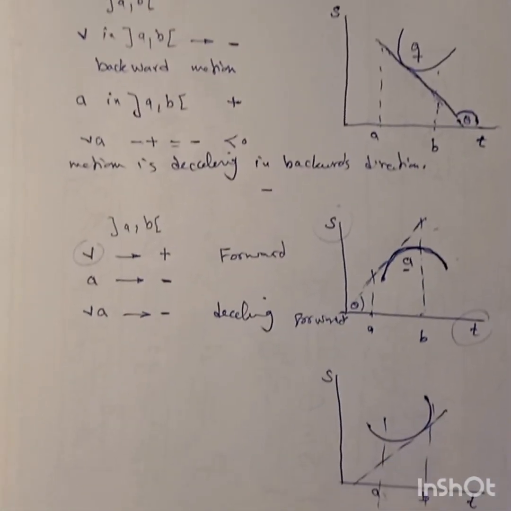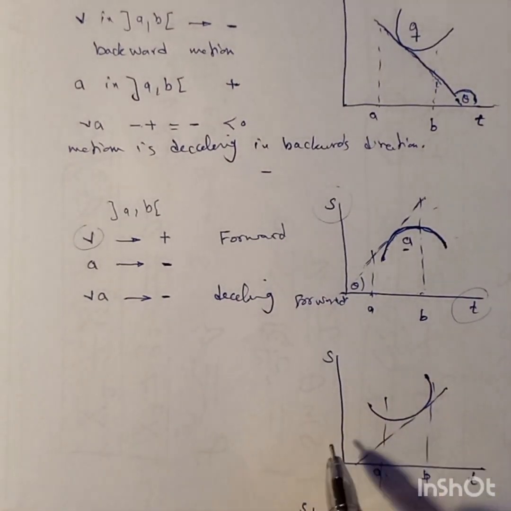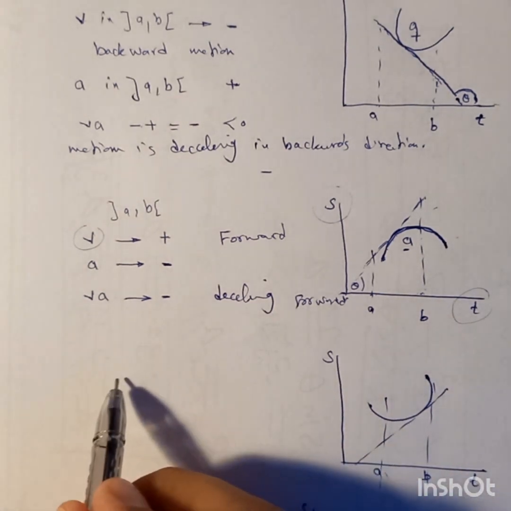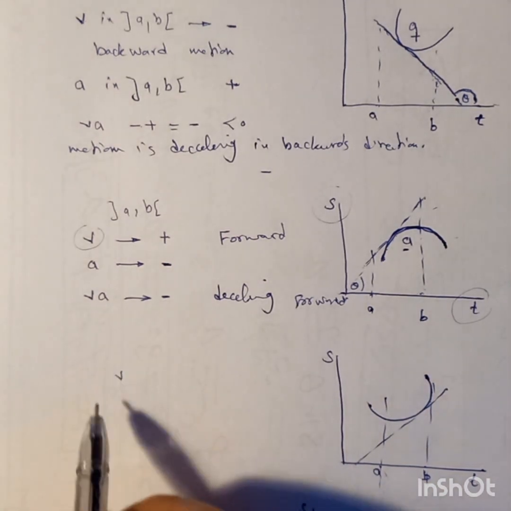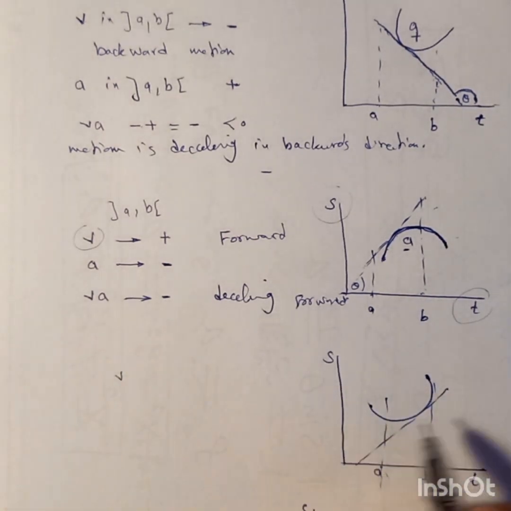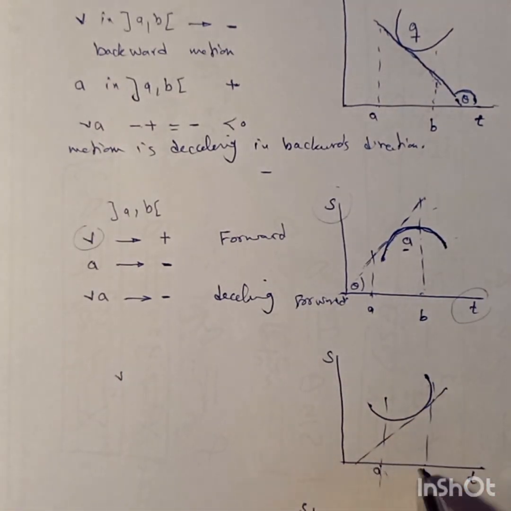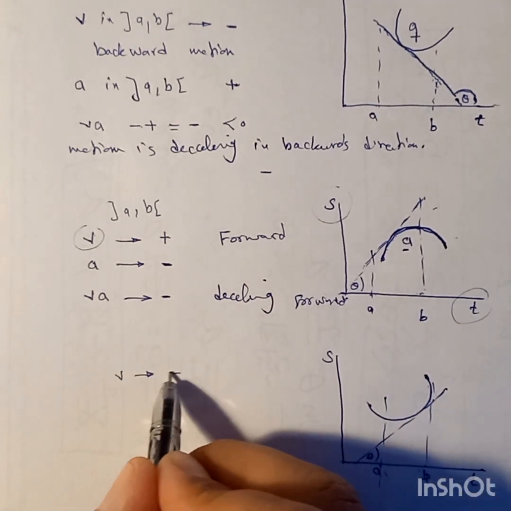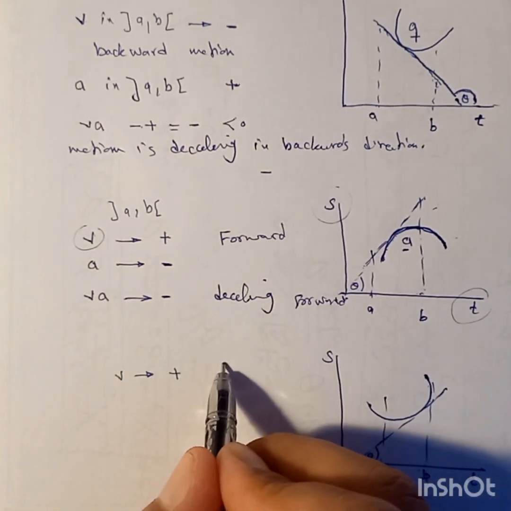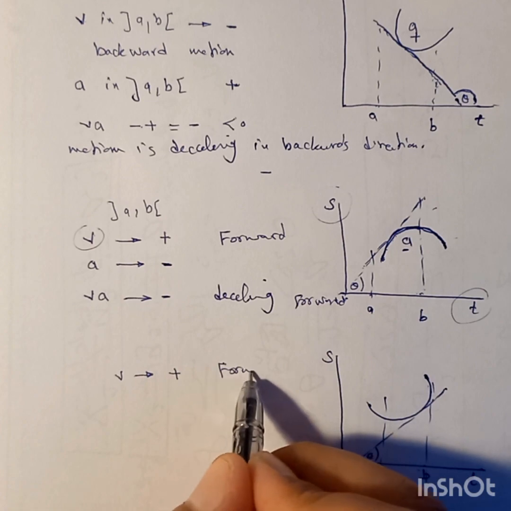Now we are going to repeat these steps with this third curve. Here during time interval AB, we have velocity, the slope of the tangent to this curve during this time interval. Here the tangent makes an acute angle with the horizontal axis x, then the slope is positive, then velocity is positive as well, then the motion is in forward direction.